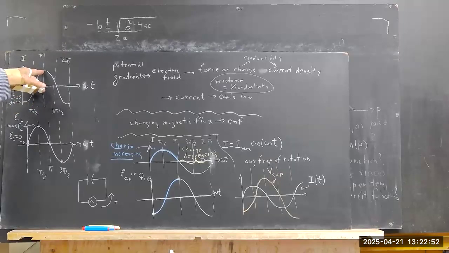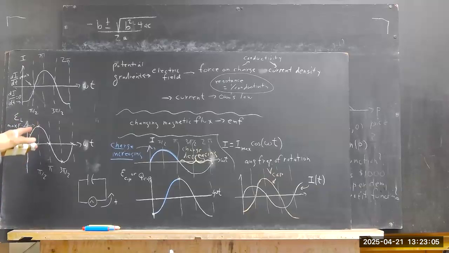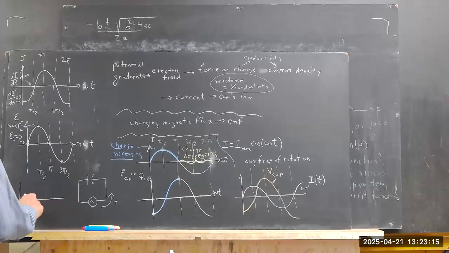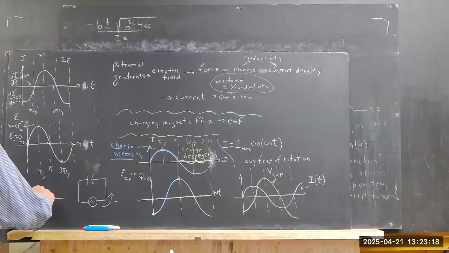When you have the greatest rate of increase of the current, you have the greatest back EMF. And the back EMF then gets its peak 90 degrees of phase before the current itself reaches its peak. So we have a graph that looks like this.